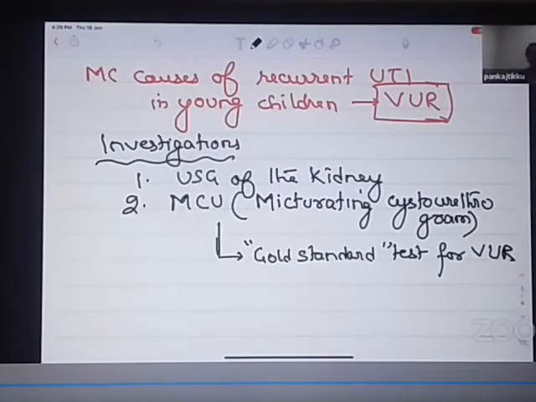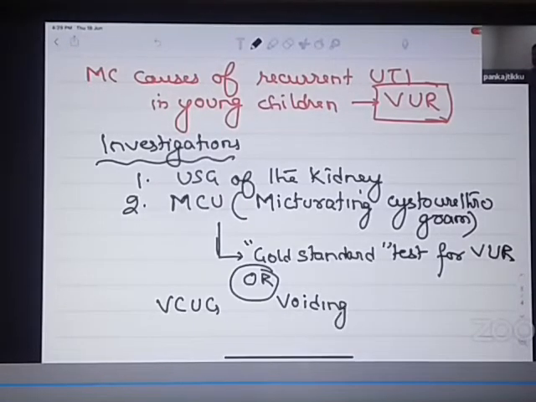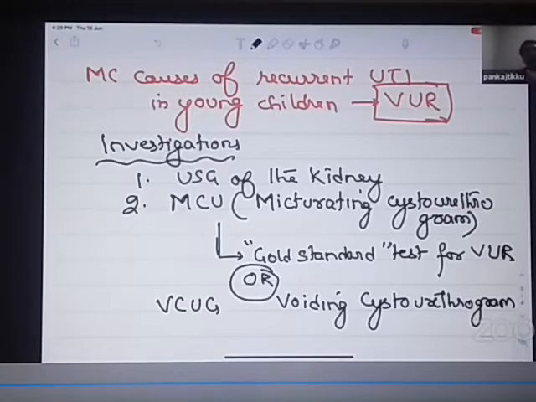It is micturating Cysto-Ureterogram. It is sometimes also called as VCUG. What is the full form? Voiding Cysto-Ureterogram. So either you say micturating Cysto-Ureterogram or you say voiding Cysto-Ureterogram, both of them are the same thing.